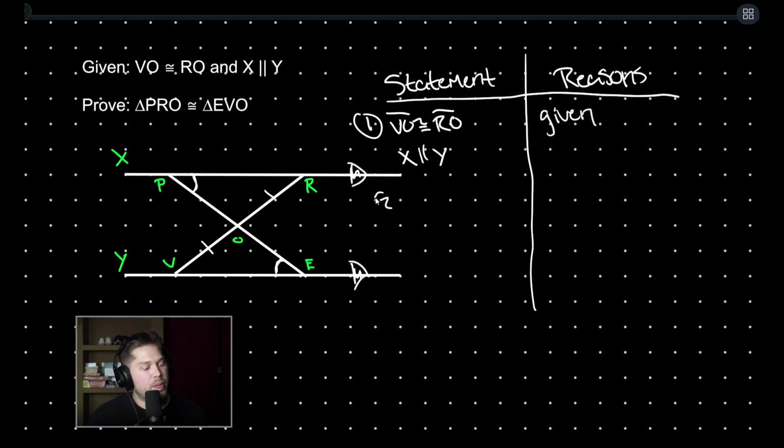So I can say for number 2 that angle, here we'll call it RPO, angle RPO is congruent to angle VEO by alternate interior angles theorem.